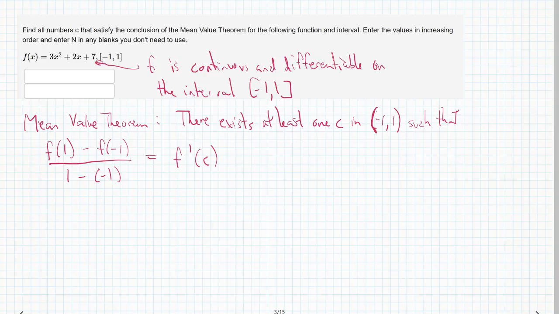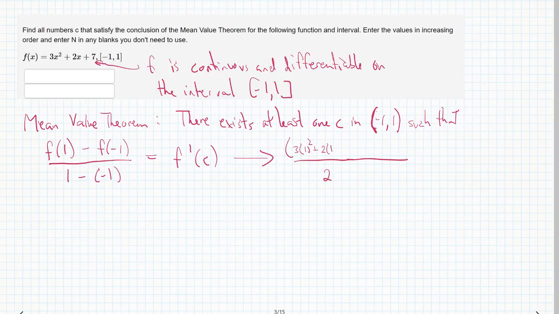So now, moving forward, I saw that f of x is a polynomial. That's exactly why we're getting away with that. Now, f prime of c, let's see if we can figure this out. First off, f of 1 minus f of negative 1, and then 1 minus negative 1, we know the bottom's going to be 2.